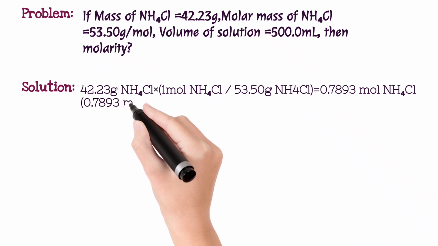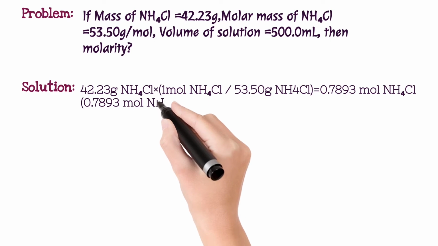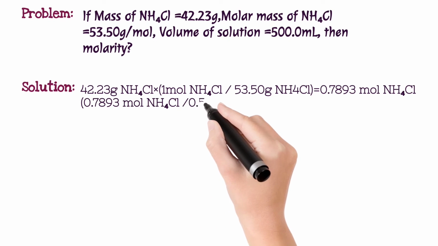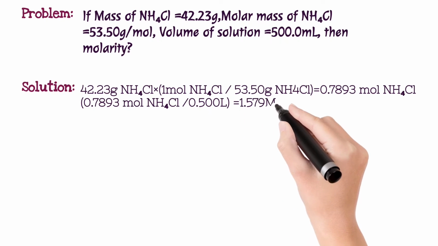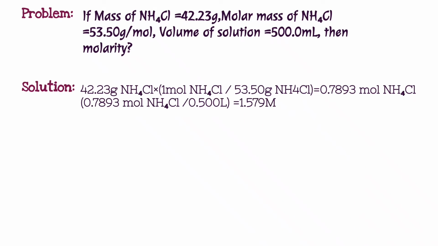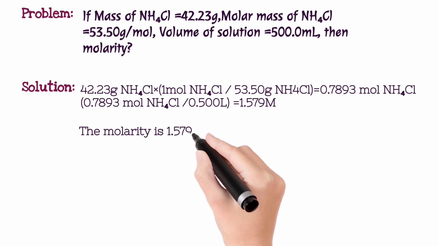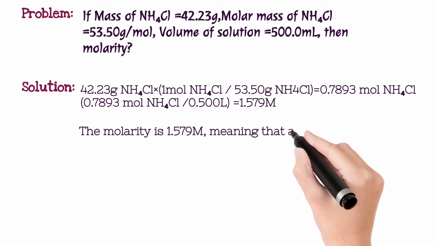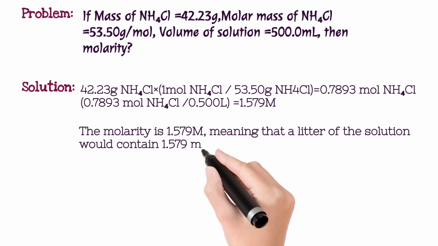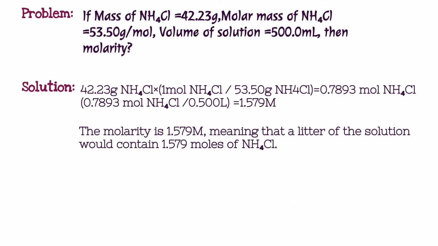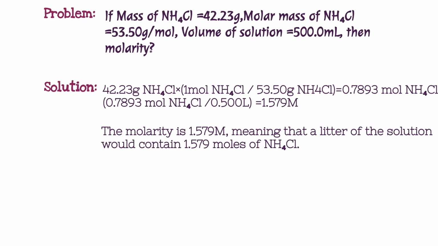Now the molarity will be 0.7893 mole of NH4Cl by the volume of solution, which is 0.500 liter, equals 1.579 molarity. The molarity of 1.579 means that a liter of the solution would contain 1.579 moles of NH4Cl.